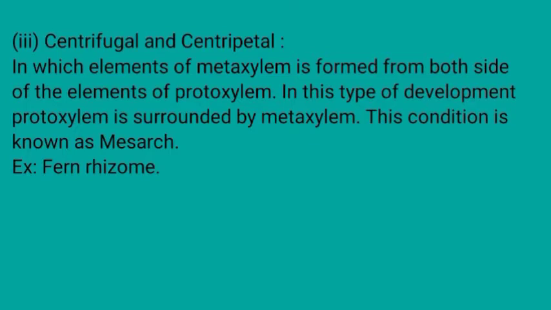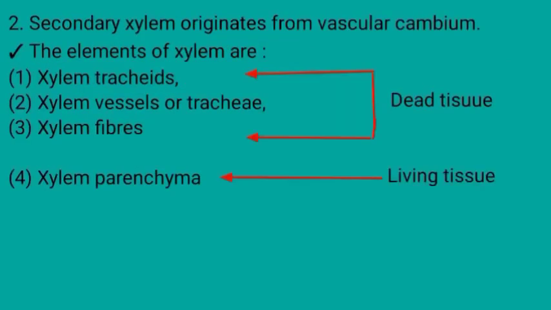In this type, elements of metaxylem are formed from both sides of the elements of protoxylem. Protoxylem is surrounded by metaxylem. This condition is known as mesarch condition, generally seen in the rhizomes of fern plants. Secondary xylem originates from vascular cambium.